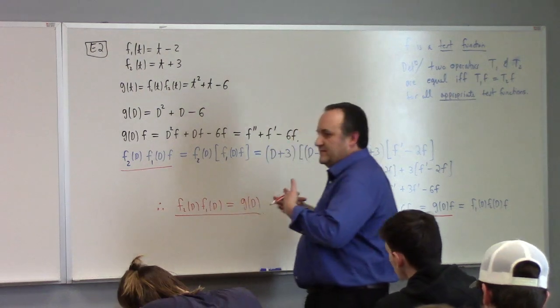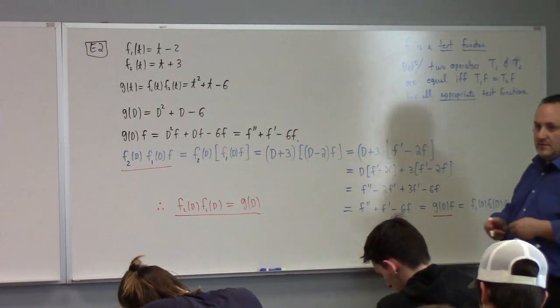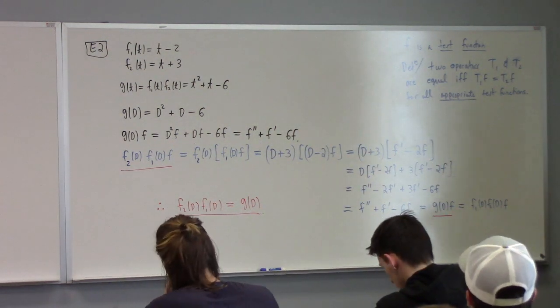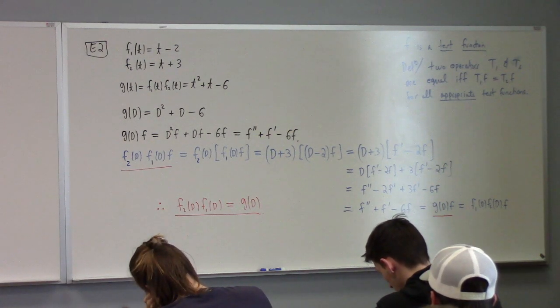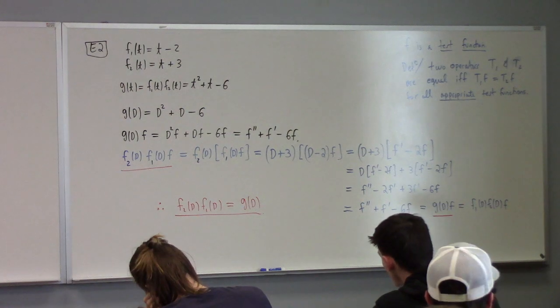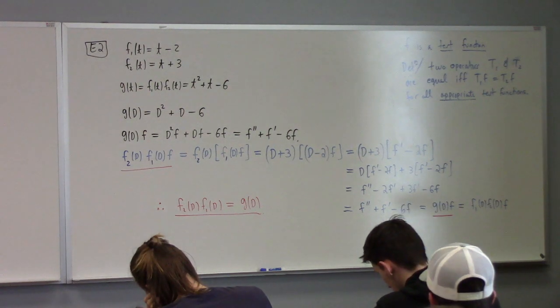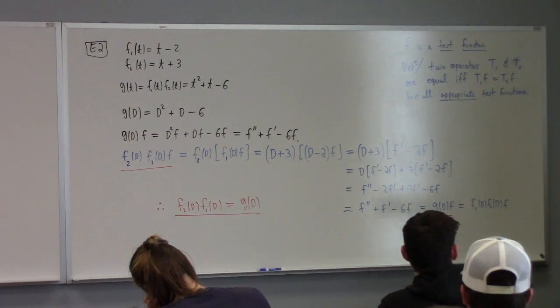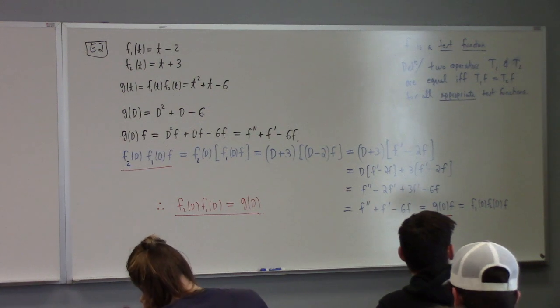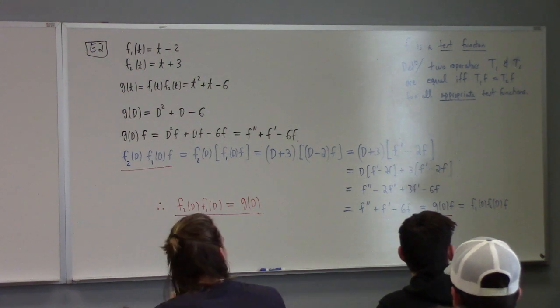So this is an operator equation. I'm saying that those two operators are equal. This is probably new for you, this idea of an operator. An operator is a function of functions. An operator takes in a function and spits back out a function. Now you've been working with operators all along. The derivative is an operator. You give it a function and it outputs a function.